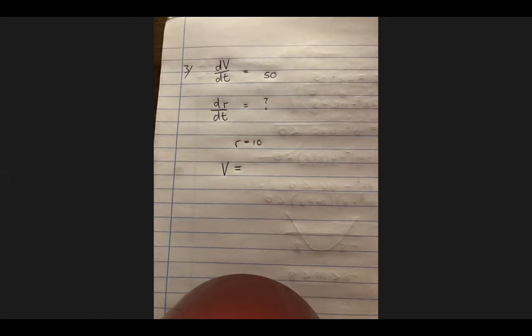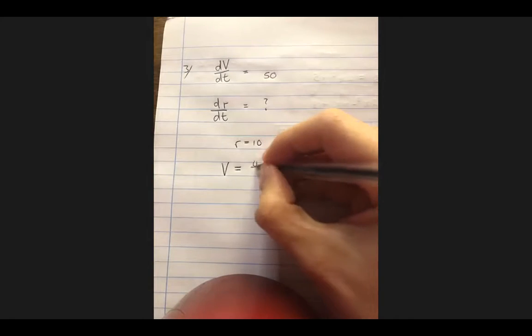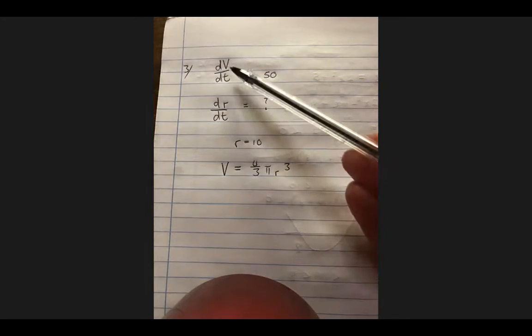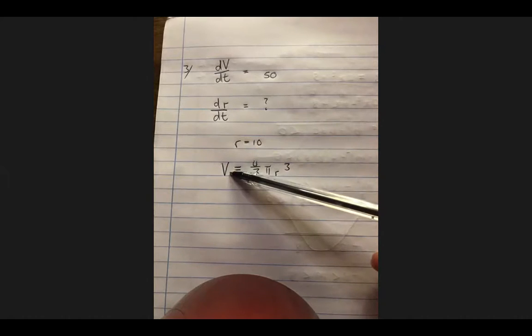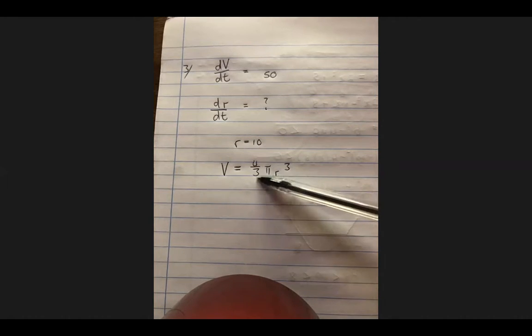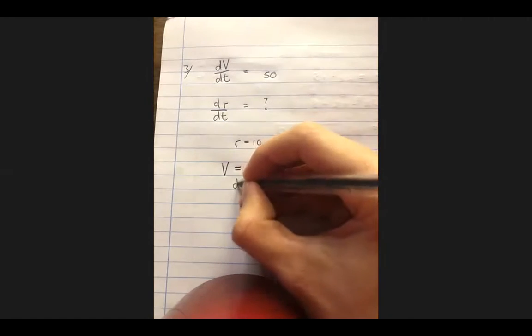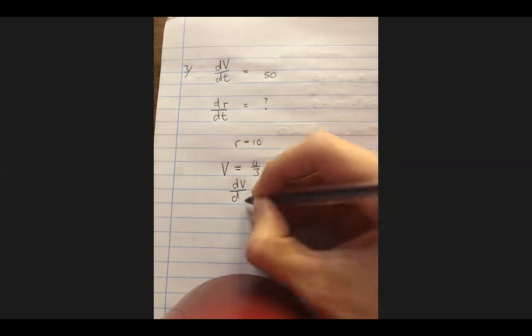The very first formula that they actually give you on the formula sheet is 4/3 pi r cubed. That is the volume of a sphere. But remember, if you want to relate all of these different parts, we are going to dip into the chain rule. So we do need to derive this so that everything can be related. So look at how I derive this formula.